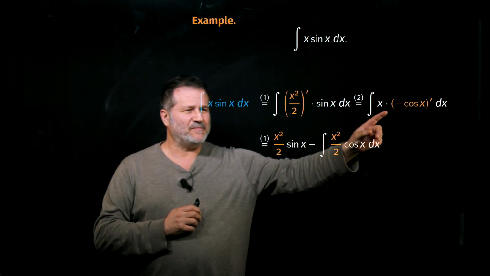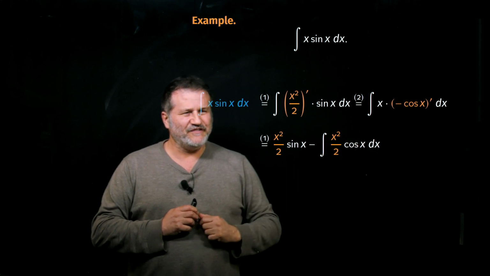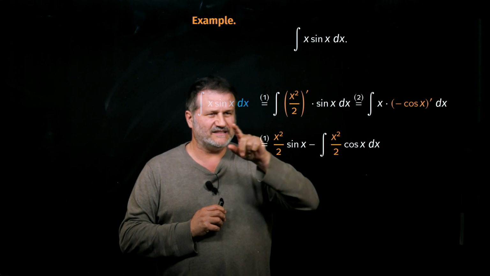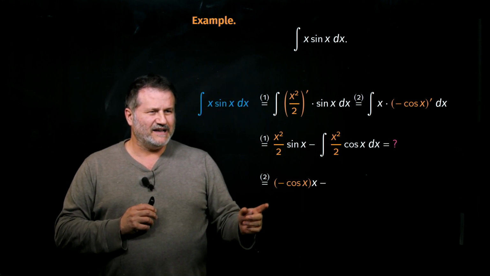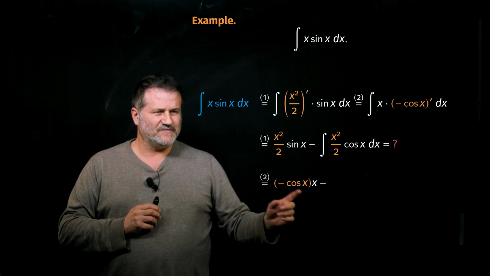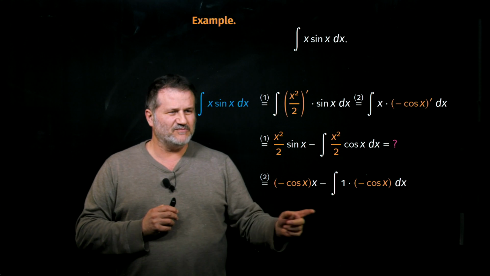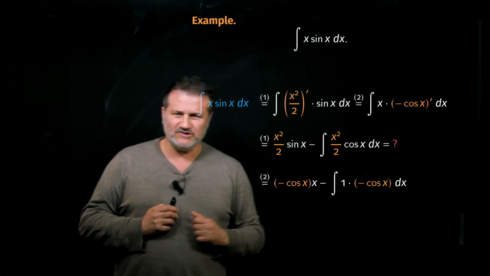So let's see what happens if instead we apply the calculus by parts rule to the second way to write this product x sine x. We get here minus cosine x times x. Now we move the derivative from minus cosine x to x, and we get the derivative of x, which is 1. We get 1 times minus cosine x.